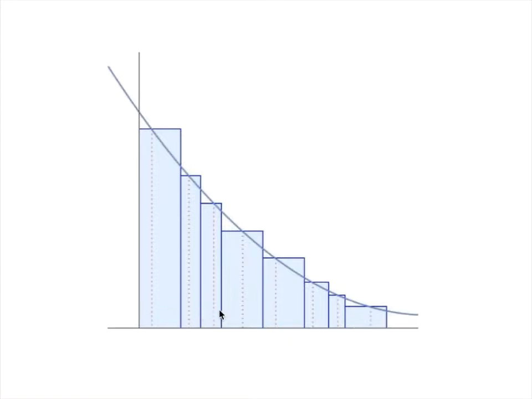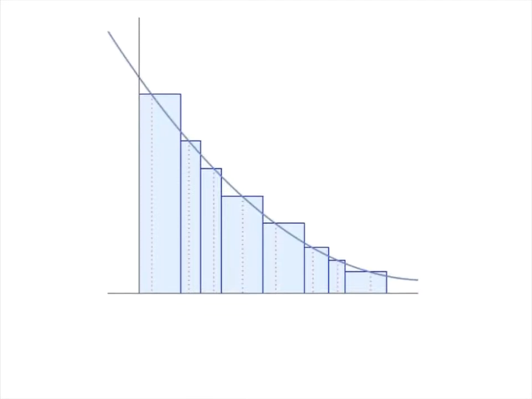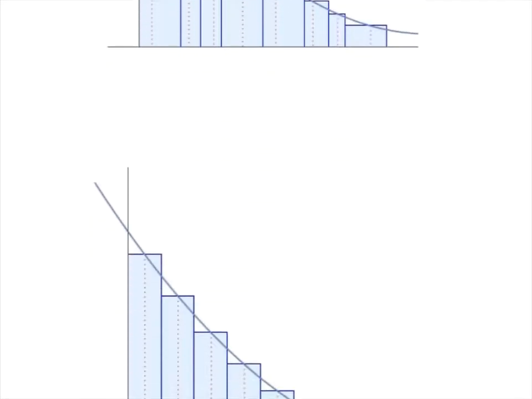Some of them have a smaller width, some have a wider width, and it's not an efficient way of computing them. If you program a calculator or a computer, you have to use different widths for these rectangles. But if you make them equal, it would be easier to compute and more efficient.